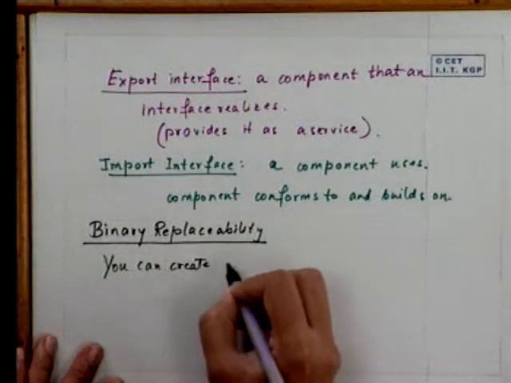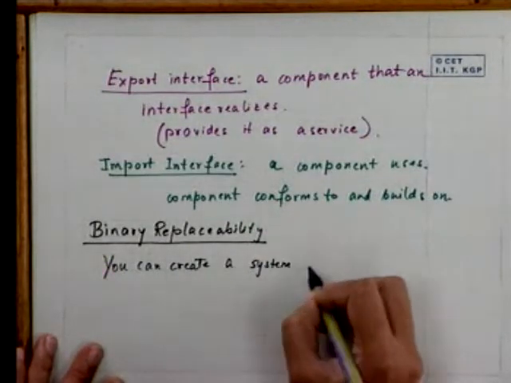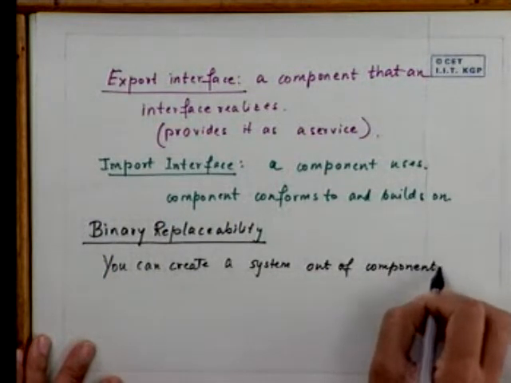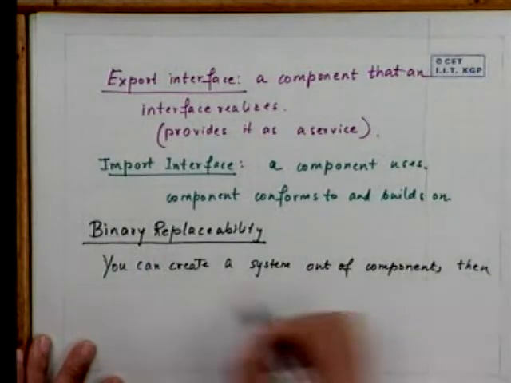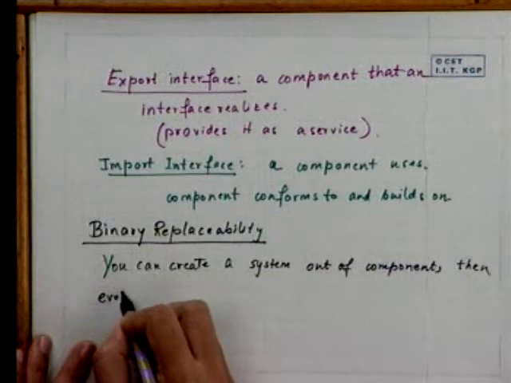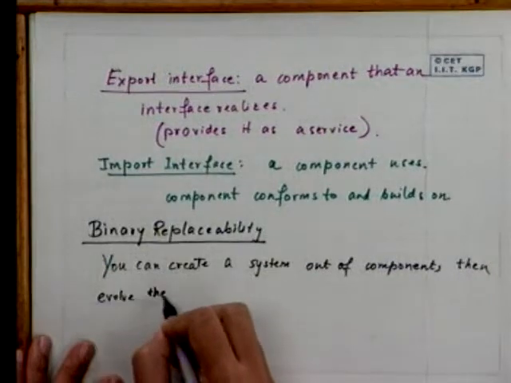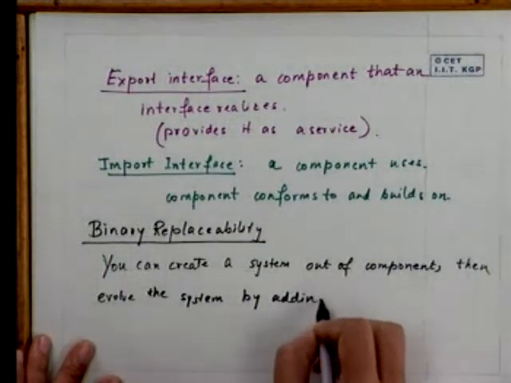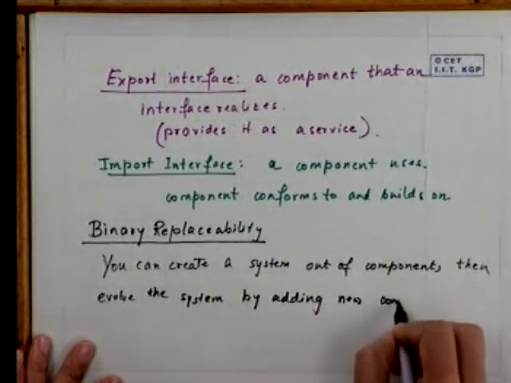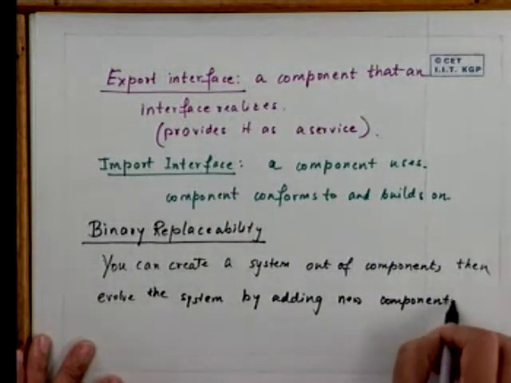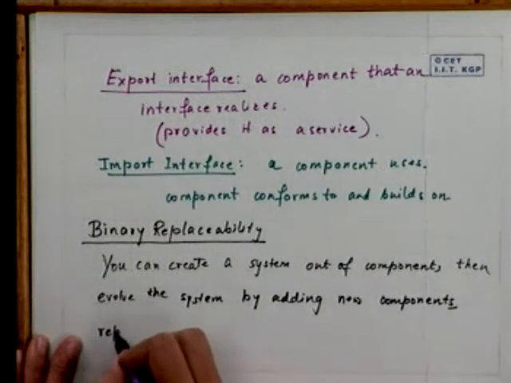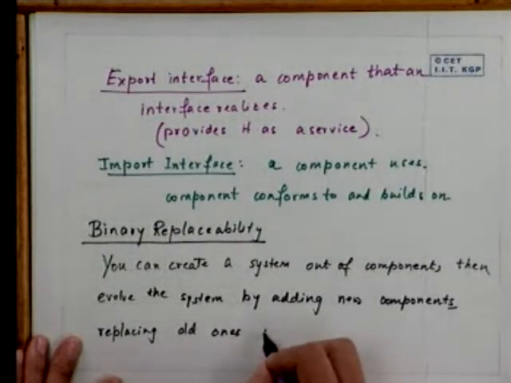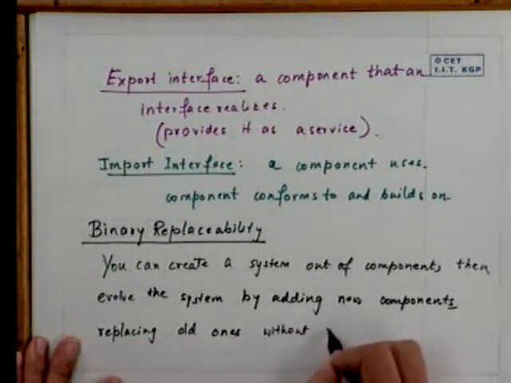You can create a system out of components and then evolve the system by adding new components and replacing old ones without the need of rebuilding the system.